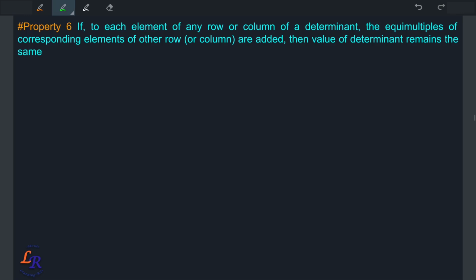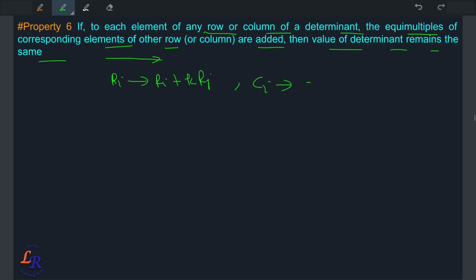Now another interesting property: if each element of any row or column of a determinant is added to the equimultiples of the corresponding elements of another row, then the determinant remains the same. That's an interesting property, and it is well utilized when you want to maximize the number of zeros without affecting the determinant value, which makes our calculation simpler. So here the operation, you remember, is Ri transformed to Ri plus some constant k Rj, right?